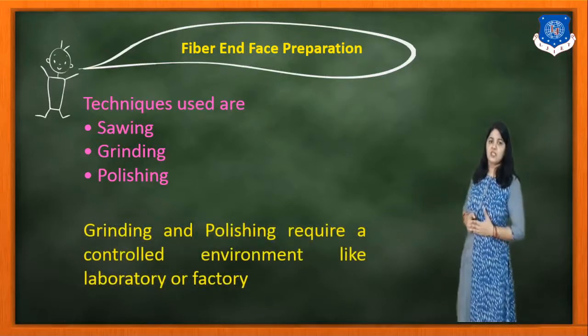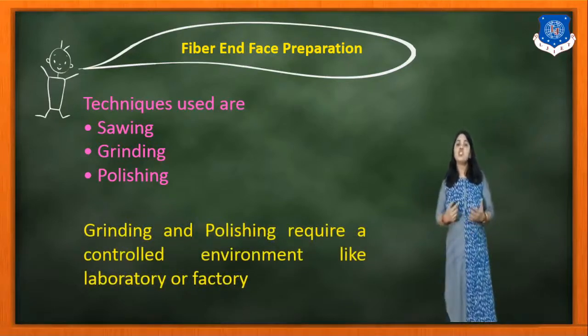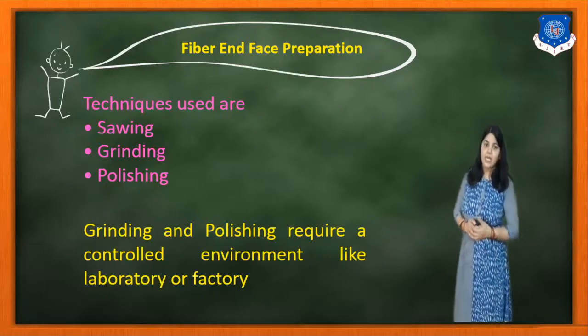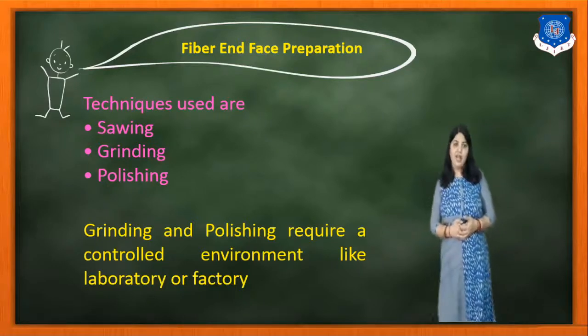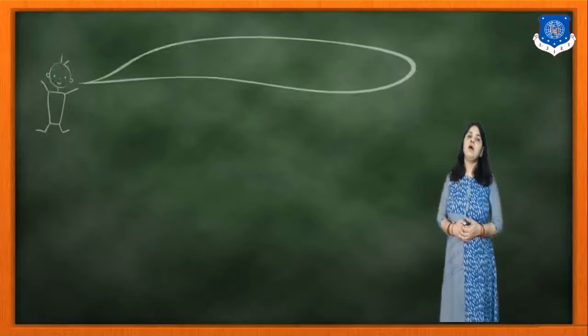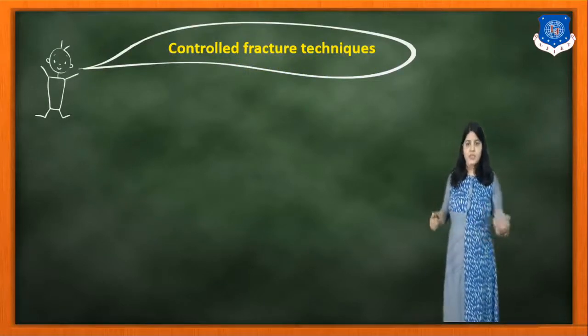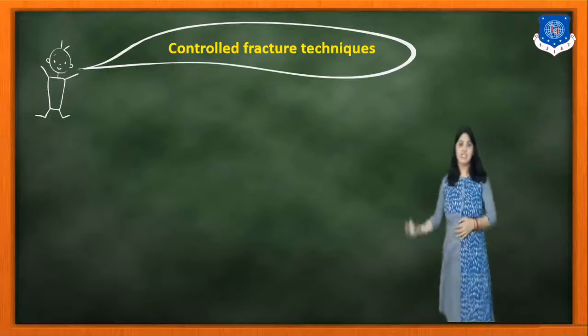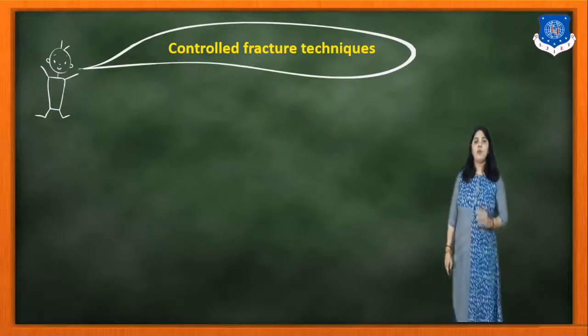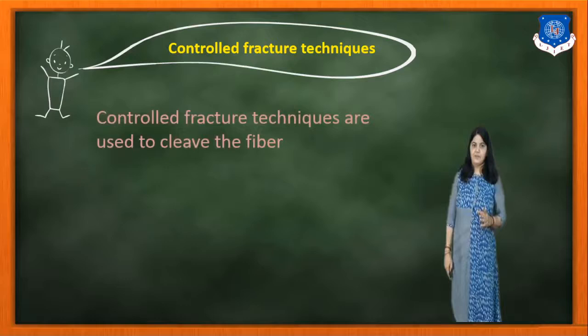Grinding and polishing require a controlled environment like a laboratory or a factory. For this, one technique that is used is the controlled fracture technique.